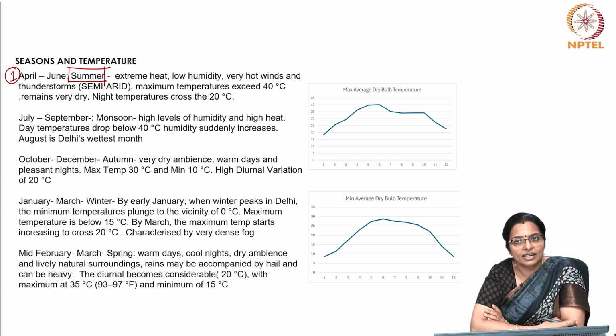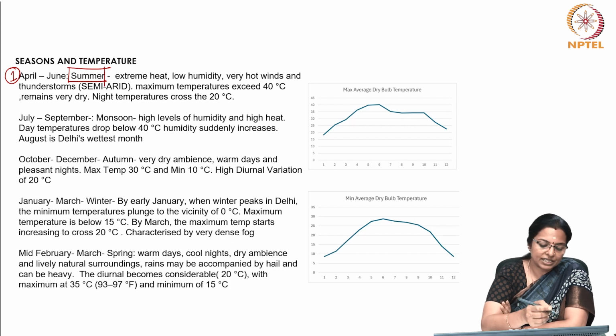Summers are characterized by extreme heat, low humidity, very hot winds and thunderstorms, more like a semi-arid place. The maximum temperature exceeds 40 very easily and remains very dry, whereas night temperature crosses 20 degrees centigrade, and because of this there are high diurnal variations.